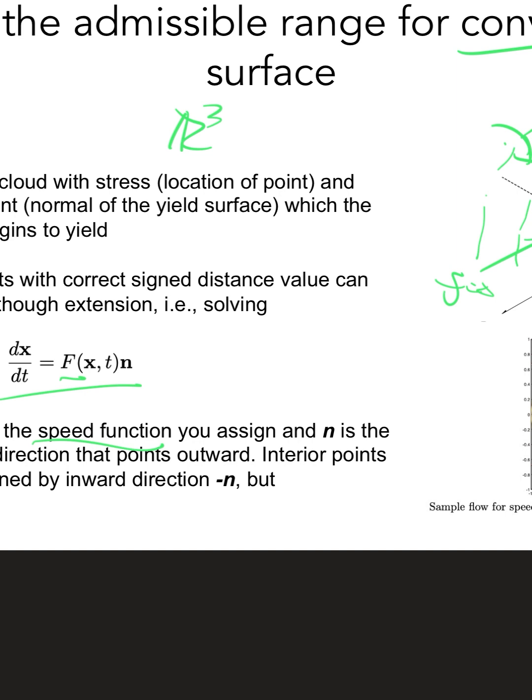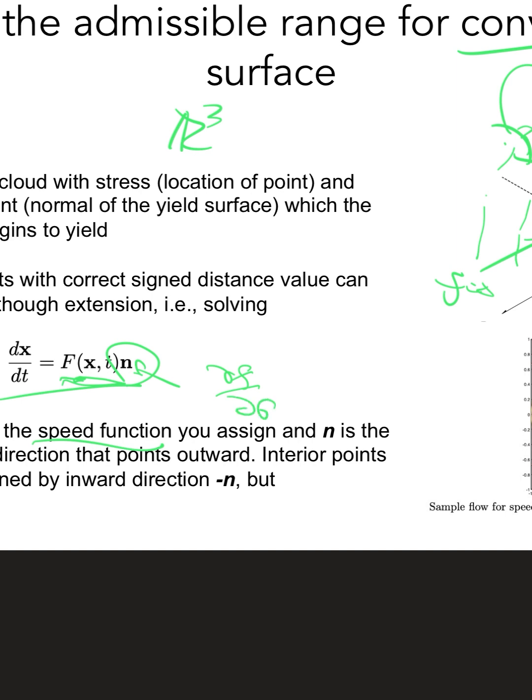If it's related to curvature, we call it curvature flow. But here I would just assign a scalar, because I don't care about evolving a complex pattern to simulate the solidification of metal or ice. I just want to extend the values, and then I will use n as the stress gradient.